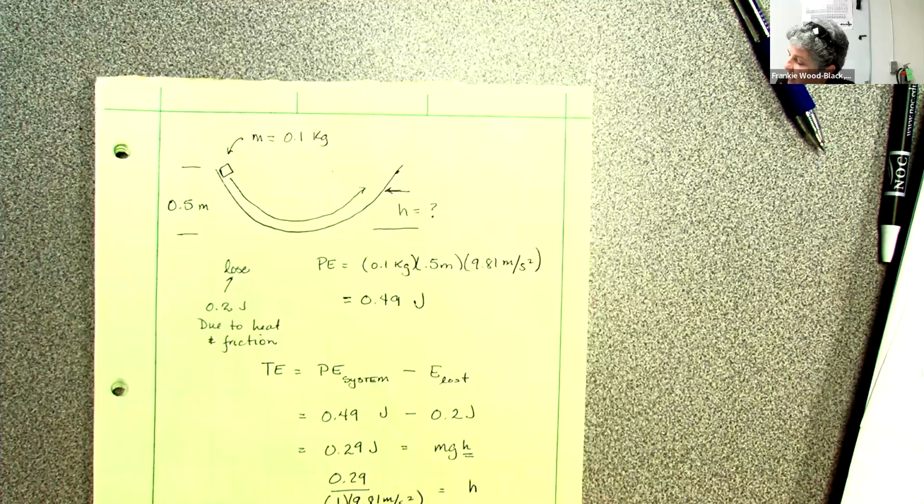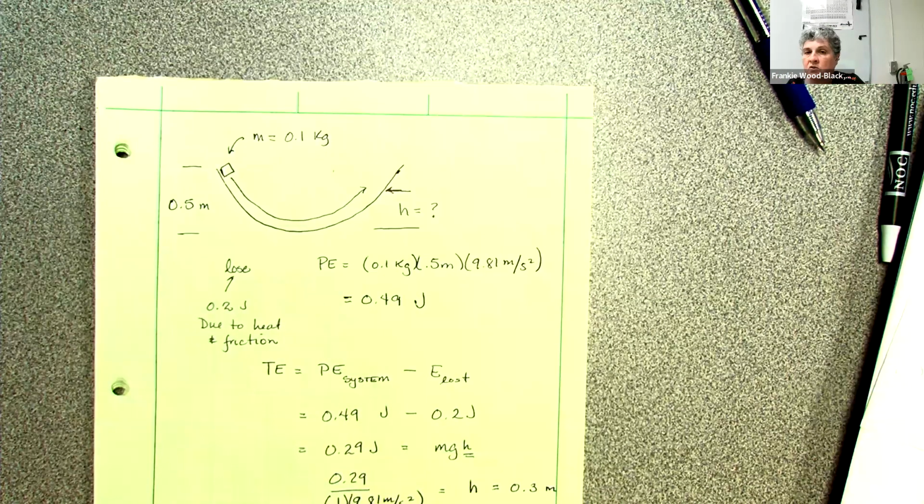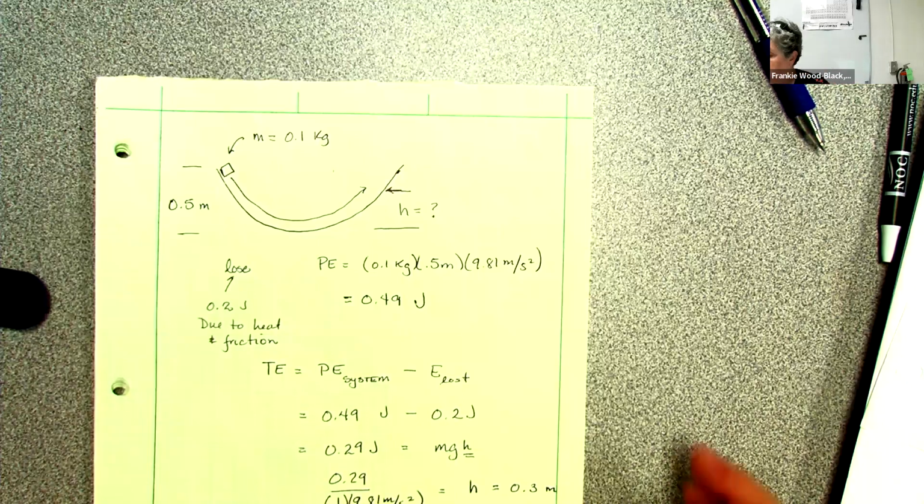It's going to give me my new height, and that should give me about 0.3 meters. So we can use our conservation of energy to do a variety of things.